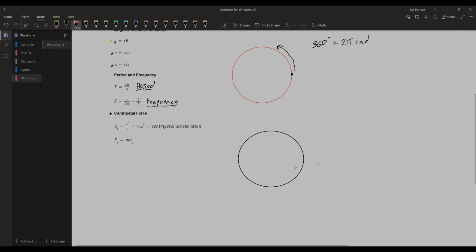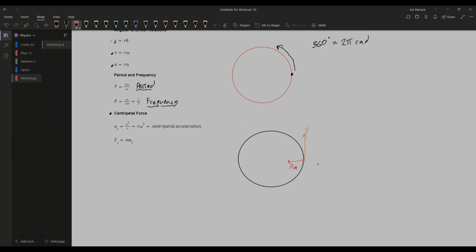A centripetal acceleration looks like this. It's experienced whenever, say, a particle is moving around in a circle. It has some given velocity that's in this direction. This is v. But it's experiencing a centripetal acceleration that changes that velocity.